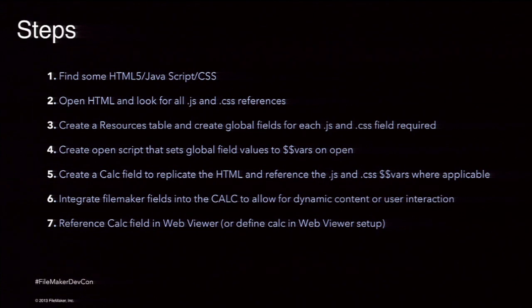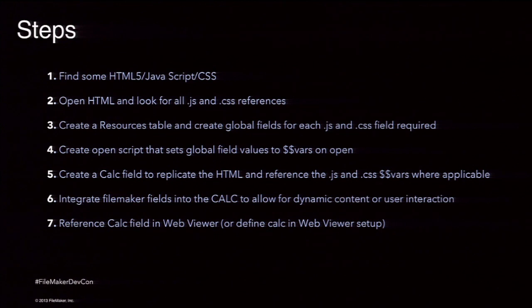It really isn't that complicated. That whole Gantt chart, which is pretty sophisticated, really only had this much HTML, right? Then if we're doing multi-user, we can use a script that sets global variables to the contents upon open and just use application memory. Or we put a web viewer on a layout, and then reference that calculation that's outputting the HTML.